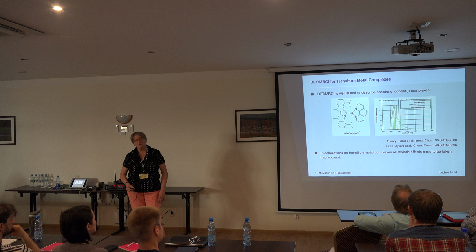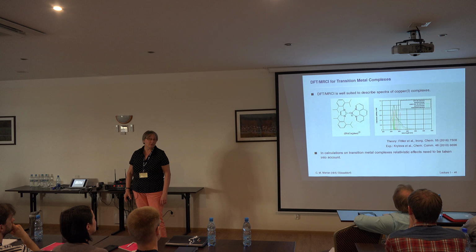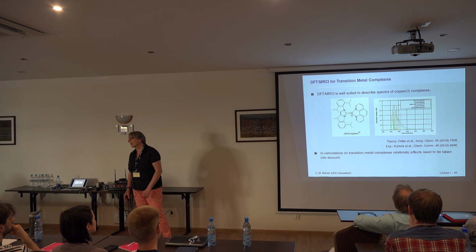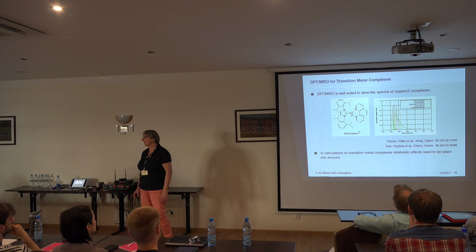For all the transition metal complexes, I would recommend to include relativistic effects. You may think, well, copper is a light element, so you don't need it. Relativistic effects are rather large for copper.